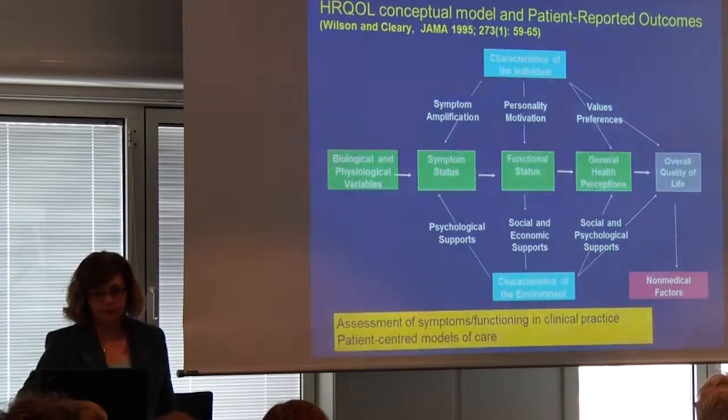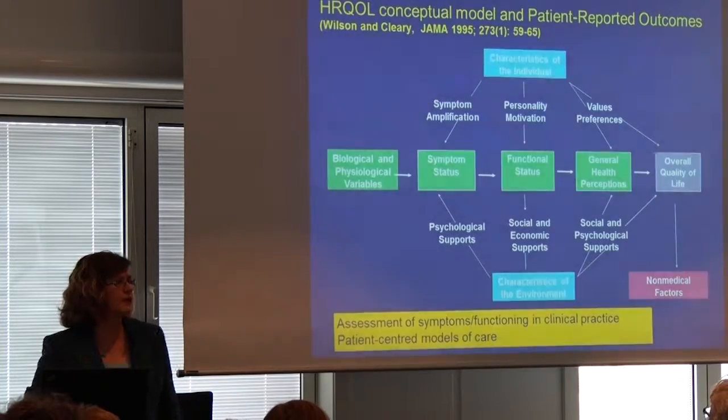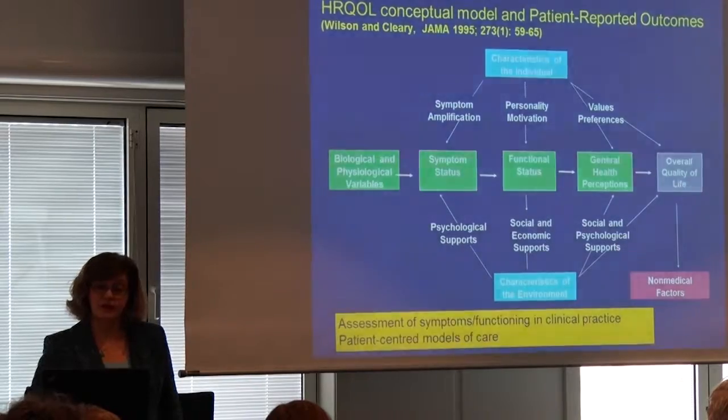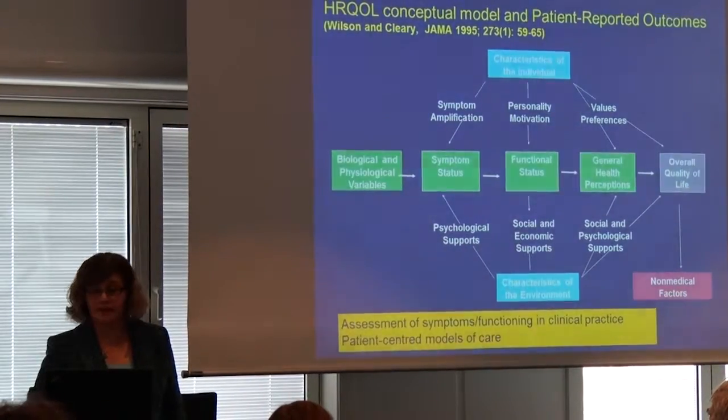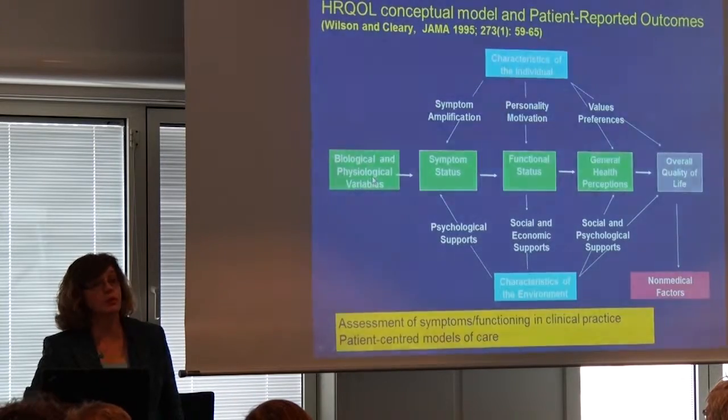So moving on to the theoretical aspects, when I started doing that work, we were talking about health-related quality of life and not PROMs. And I quite liked at that stage that diagram by Wilson and Cleary that shows us a nice flow between a pathological, a disease variable, which leads to certain symptoms that can be detected and can be measured in a patient.